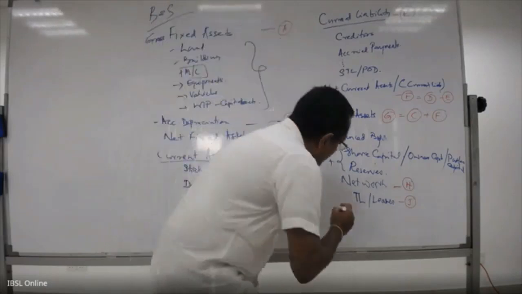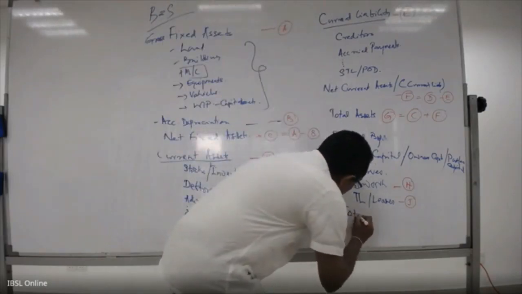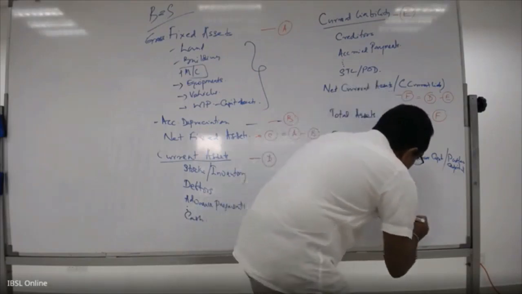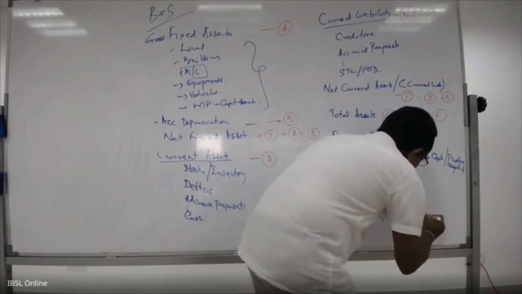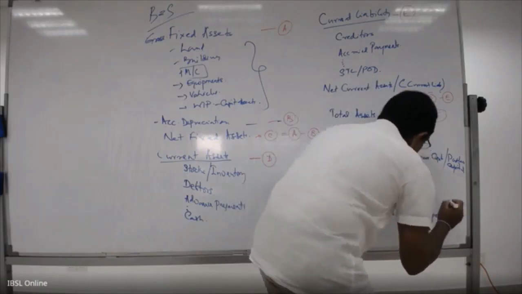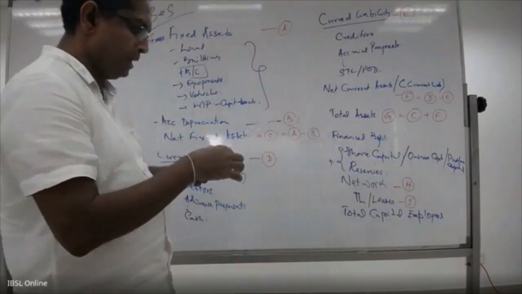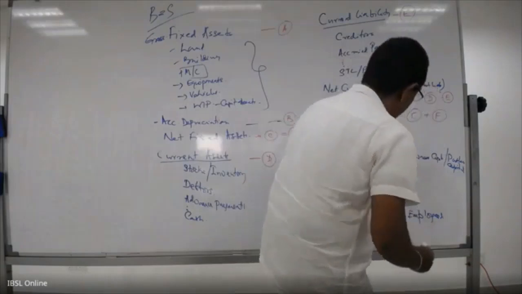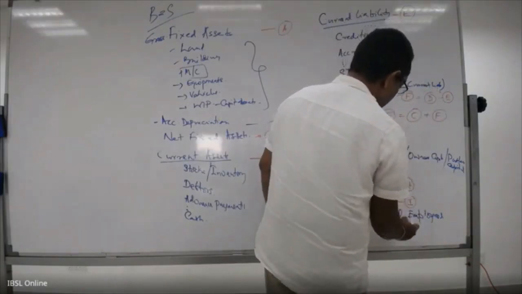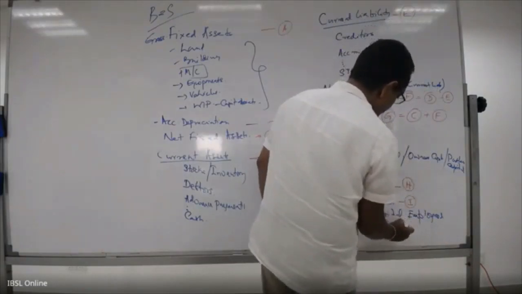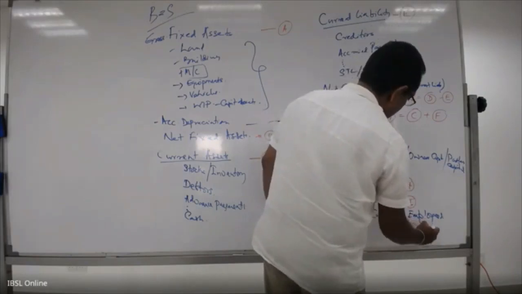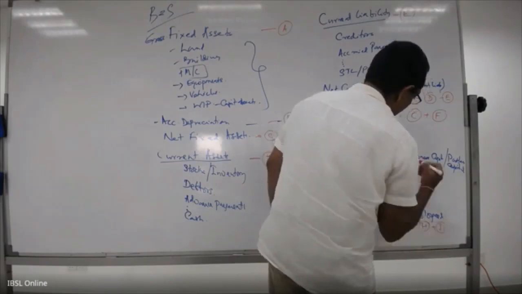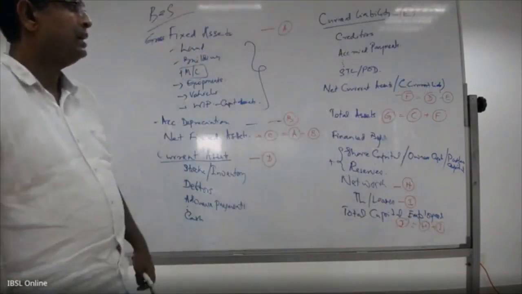And then total capital employed. Total capital employed equals I. Sorry, this is I, so this is J. J equals H plus I, right?